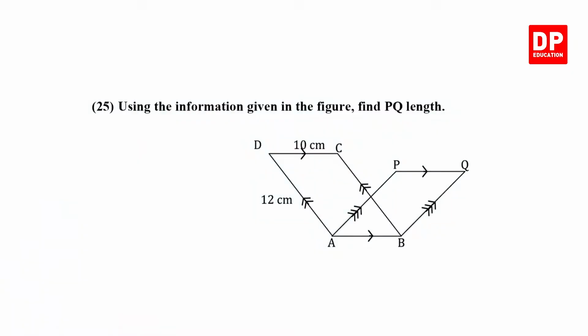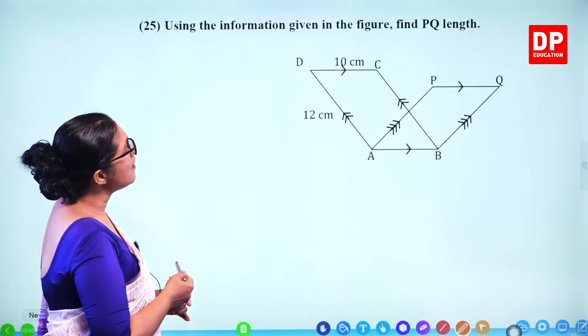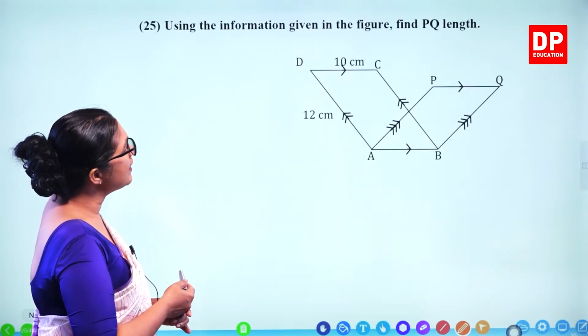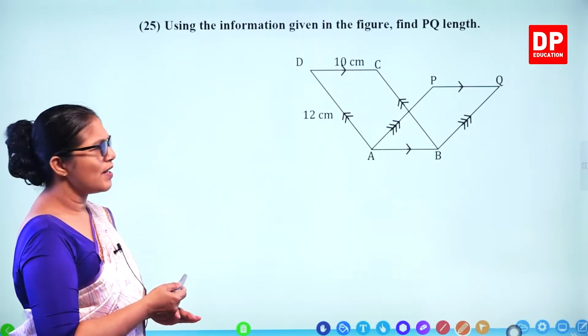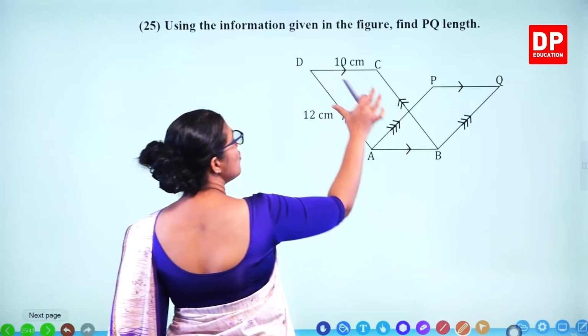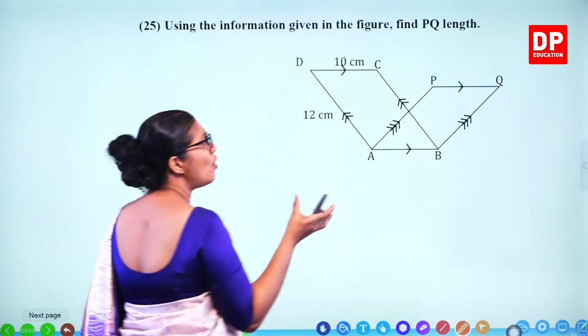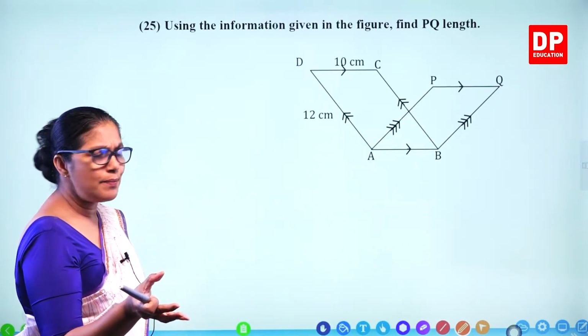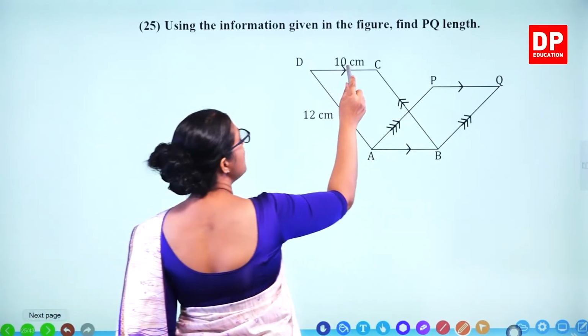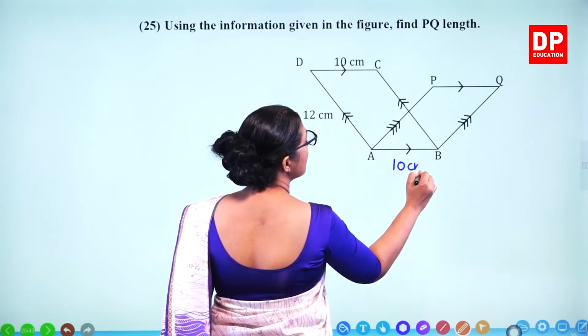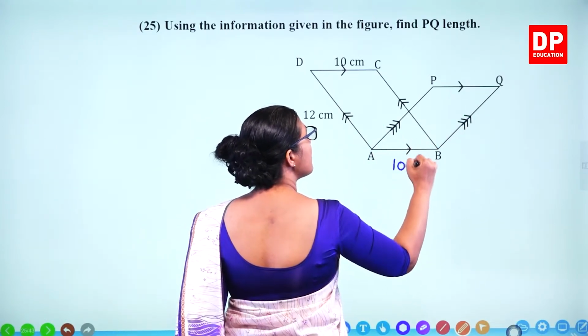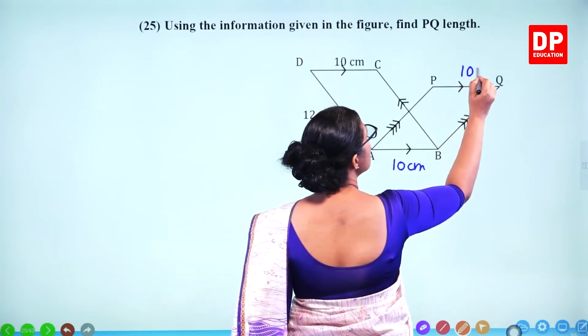Question number 25. Using the information given in the figure, find the PQ length. That's a straightforward question. Can you see? This is a parallelogram, and this is also a parallelogram. We know opposite sides of a parallelogram are equal. So if this is 10, this is 10. In this parallelogram, if this is 10, this is also 10.